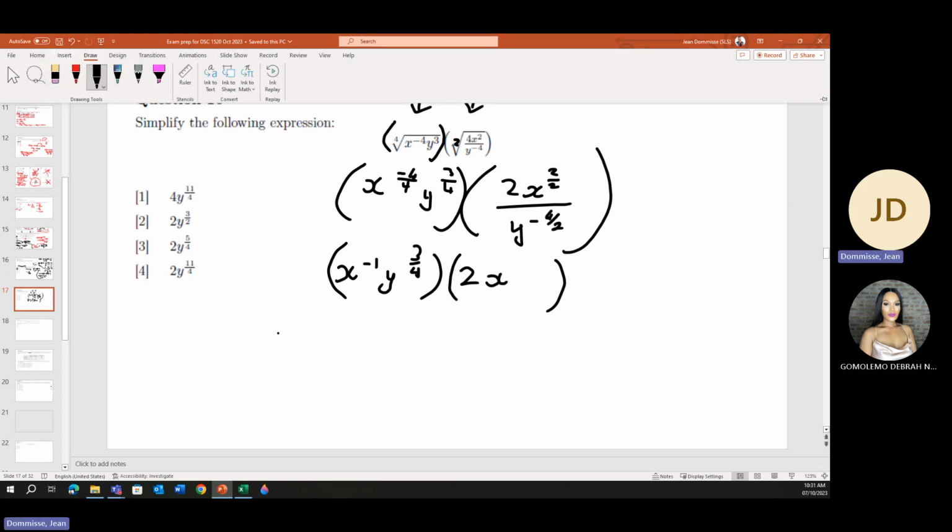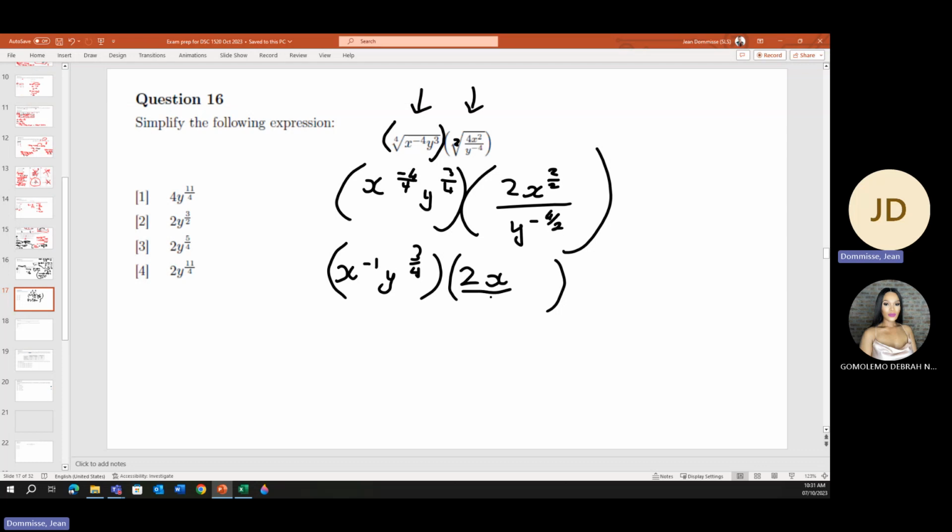Nearly made a mistake there. So divide by y^(-2). Okay, so I've got x^(-1). I've got y^(3/4). I'm going to bring the 2 just in front so that we have a 2.